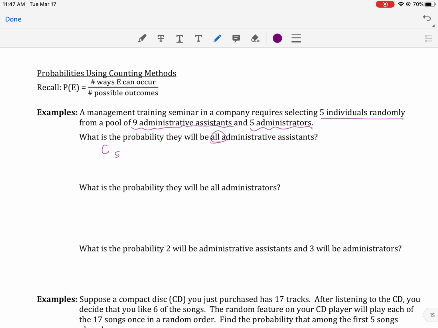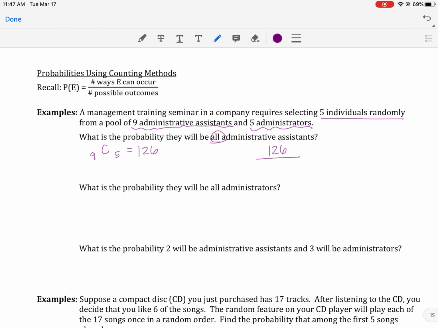We're saying, okay, well, there's really 9 that are possible to choose from. So I do 9 choose 5. We end up with a total of 126 different options that are all administrative assistants.